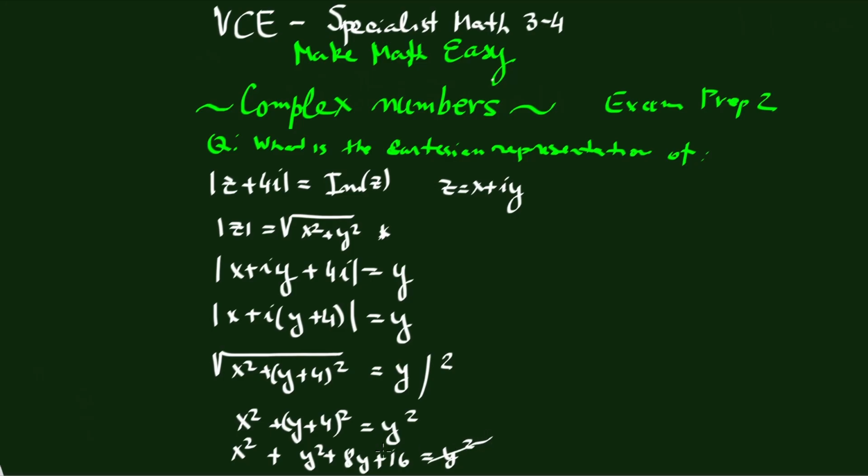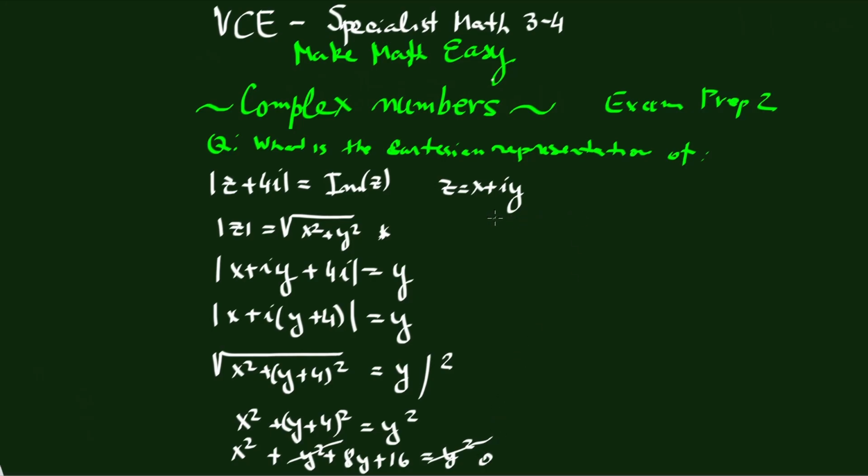And then we lose y squared here, because we subtract y squared on both sides, so we use this with 0.